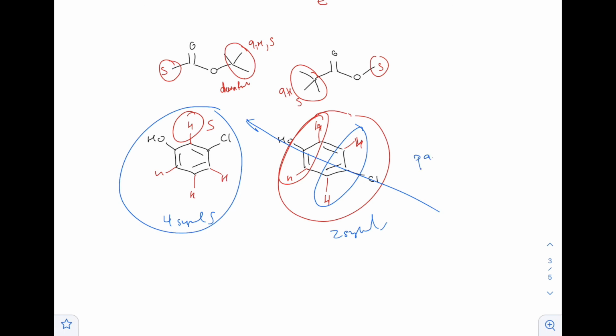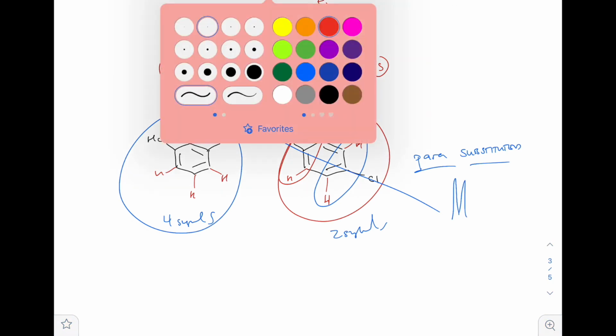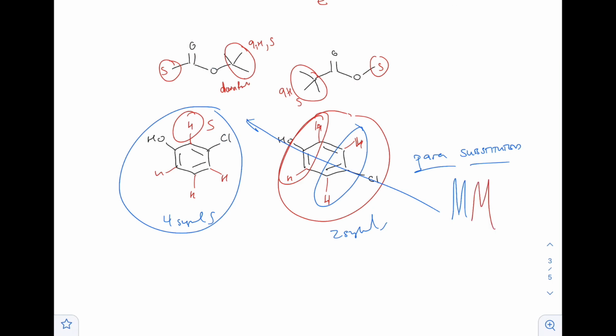Okay, so this right here, this is called a para substitution. Whenever you get an unknown, you're going to be stoked if you get para substituted, because it shows up as a doublet, I told you there's 2 of them, right? And then we got another doublet. And this is going to be around 7 to 8, right?